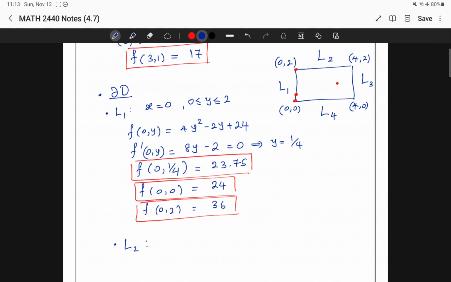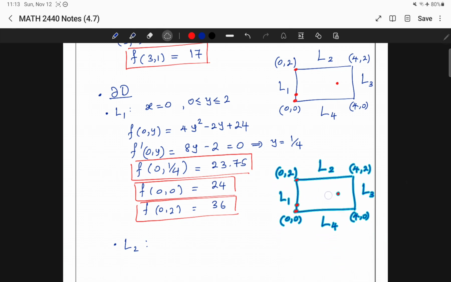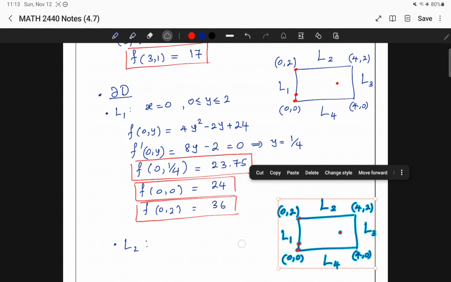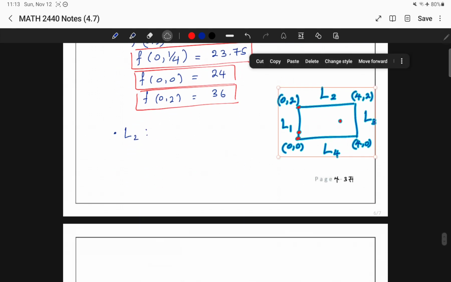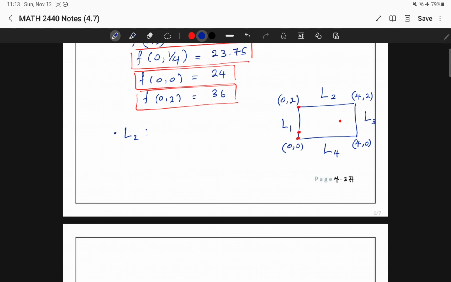So let me copy this picture down here. I want to parameterize L2. The special thing here is now the y value is 2, and x is in between 0 and 4. Now plug this into the function.